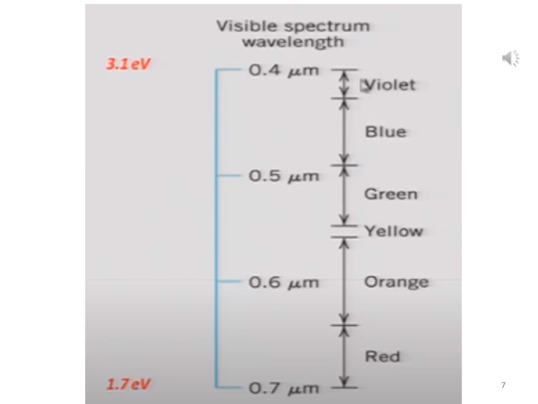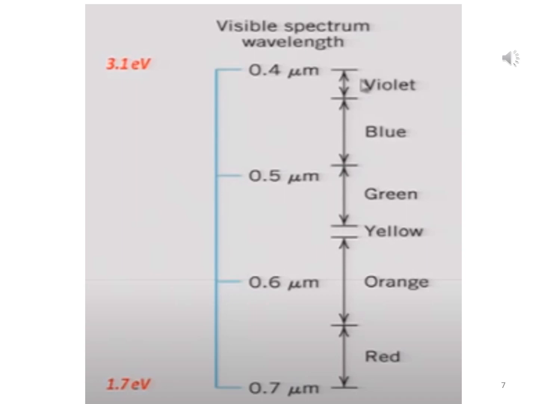The overall energy scale is 3.1 electron volt to 1.7 electron volt, which is the visible range of frequency in which we can see different colors. Here you can see the visible range of frequency and energies.